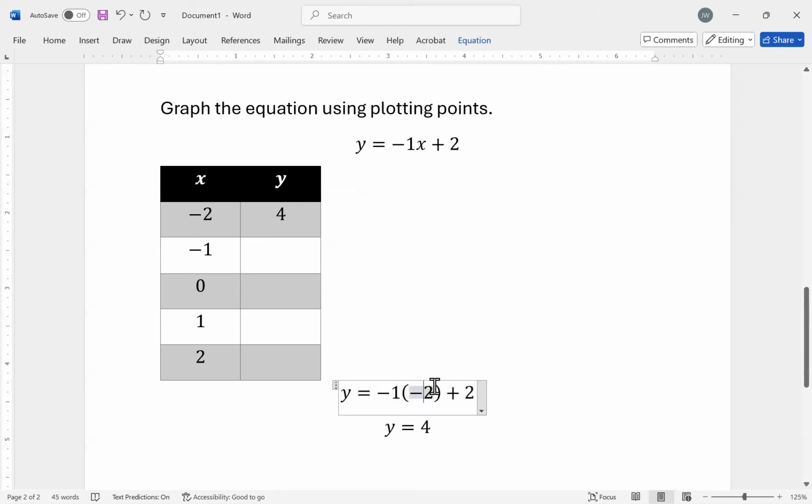So we're going to get y equals 4 there. If I plug in an x value of -1, -1 times -1 plus 2 gives me a y value of 3. If I plug in the number 0, I get a +2.